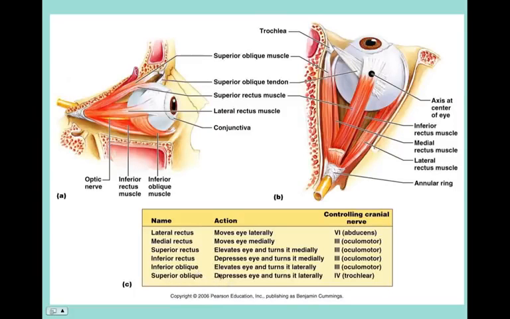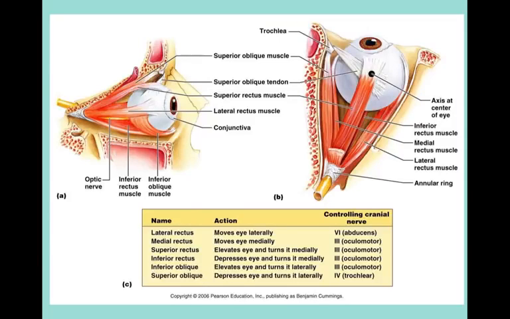And both of these muscles also can turn the eye laterally. As far as innervation, what you should remember is the 2 muscles that are not innervated by the oculomotor nerve. So the muscles that are not innervated by the oculomotor nerve are the lateral rectus. Remember what the lateral rectus does?